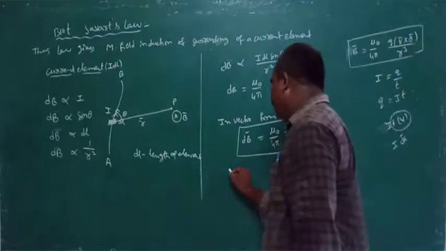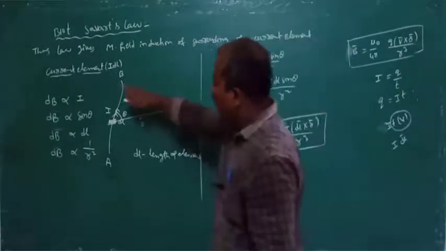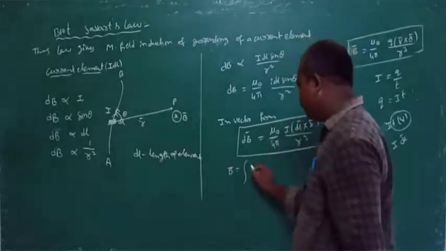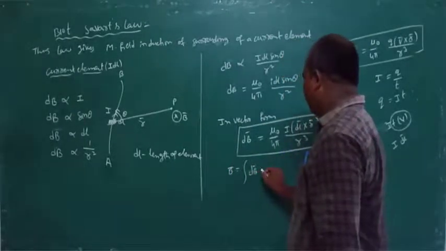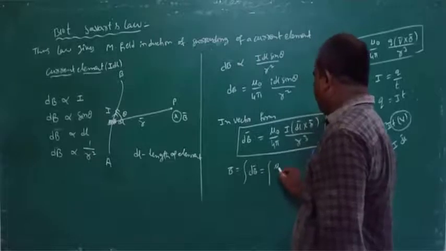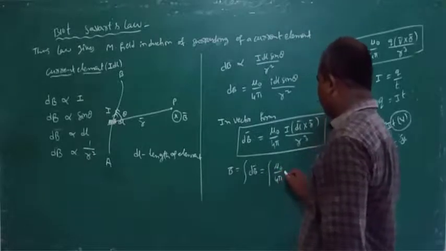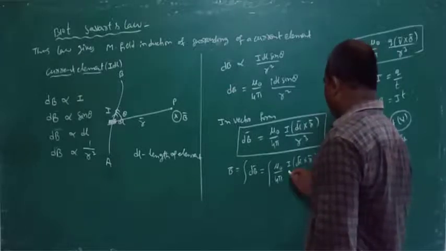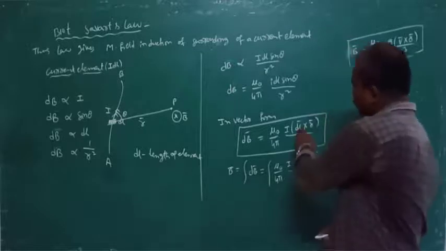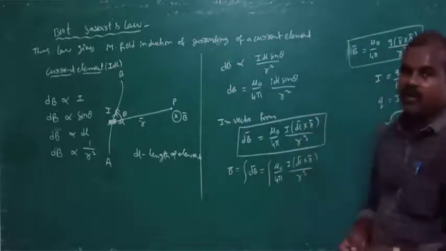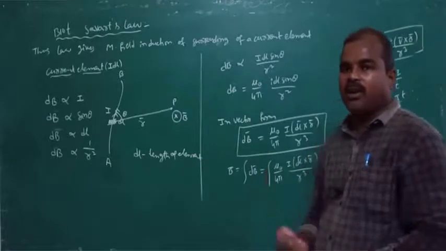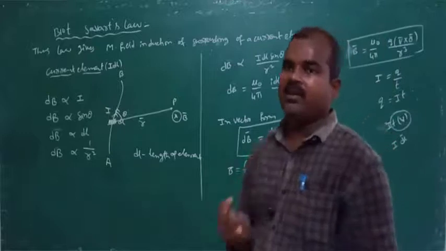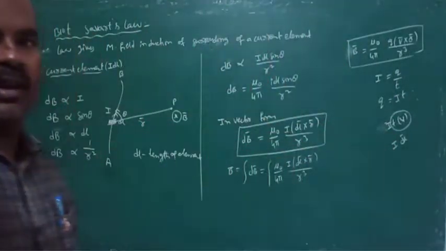In the case of the magnetic field due to the total length of the wire, B equals the integral of dB bar, that is the integral of mu naught by 4 pi I dl bar cross r bar by r cube. dl bar cross r bar is a cross product of two vectors. The cross product of a bar cross b bar equals ab sin theta.